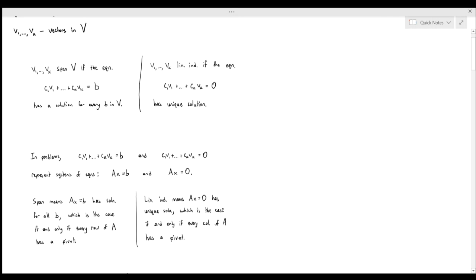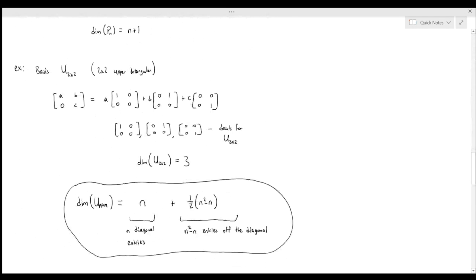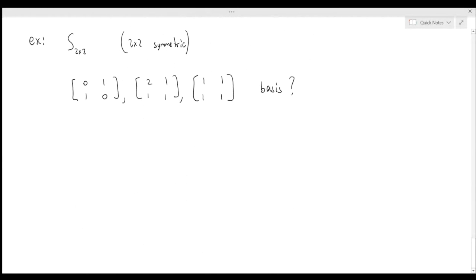So let's try to keep that in mind, and I'm going to do 1 or 2 examples. So here I've got an example with matrices. Okay, so I'm going to first form a combination of these 3 matrices that were given.